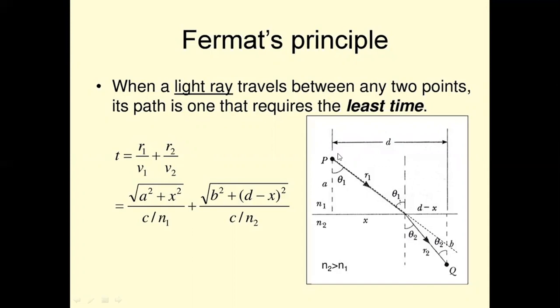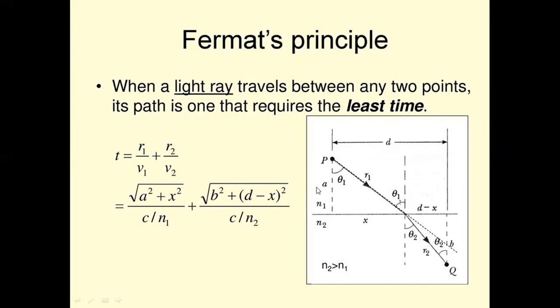The initial point is P and the last point is Q, and the distance between them is d. The distance from the initial point to the incident point is x, and the rest of the distance is d minus x.